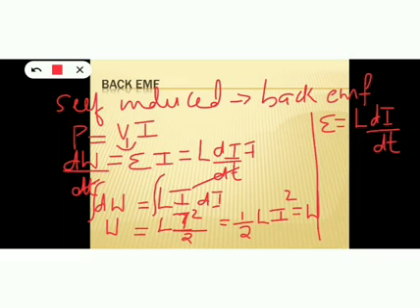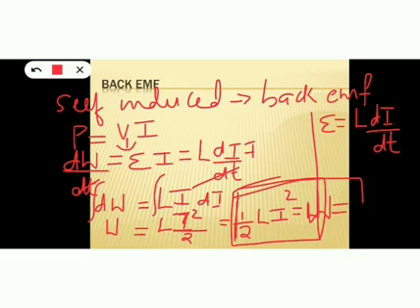So this is the expression for magnetic energy too, potential energy too, because this work done itself is stored as magnetic potential energy. So this expression itself will be the expression for magnetic potential energy. What is that?